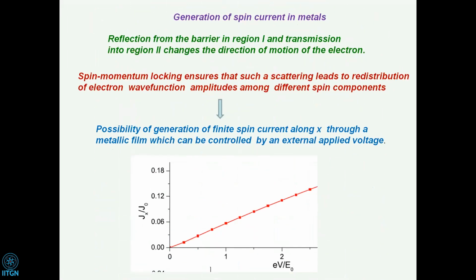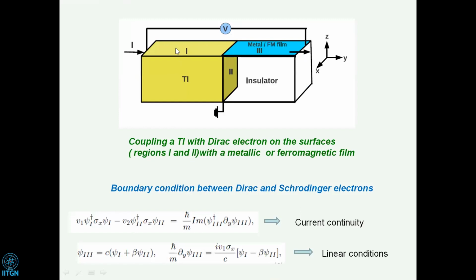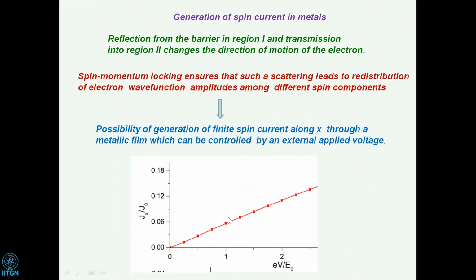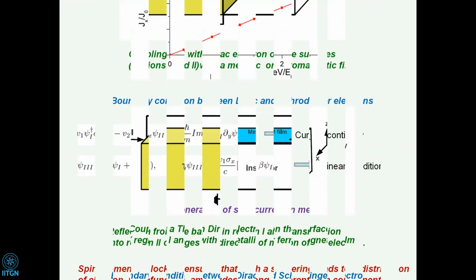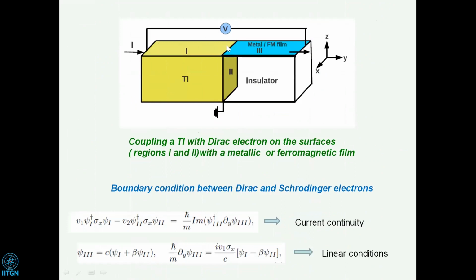And if you use this and you calculate the conductance where you couple a metallic film to these surfaces in region 1 and 2, you find that it gives rise to a spin current. So why does it do that? Remember that when an electron moves in this region 1 and comes and gets scattered from this interface between region 1, 2, and 3, its direction of motion changes.